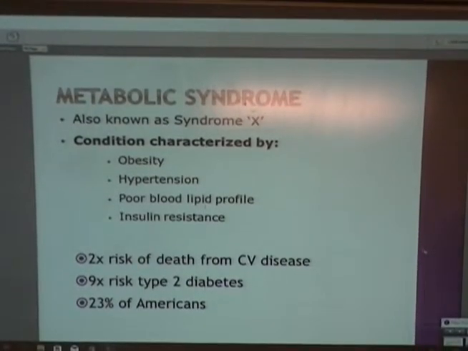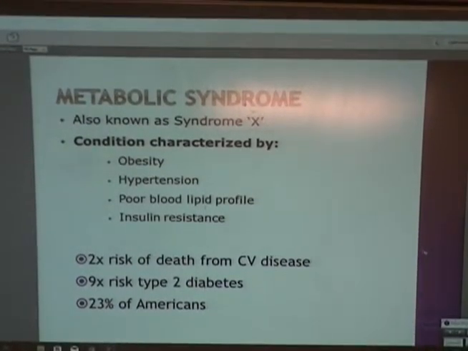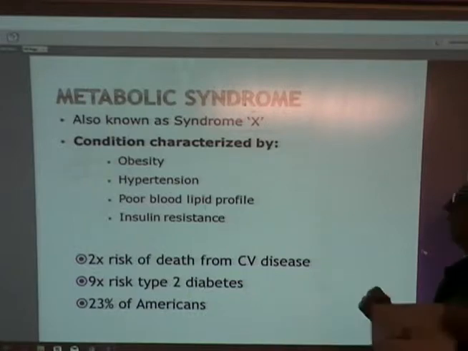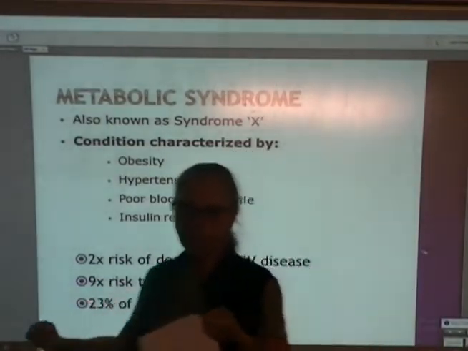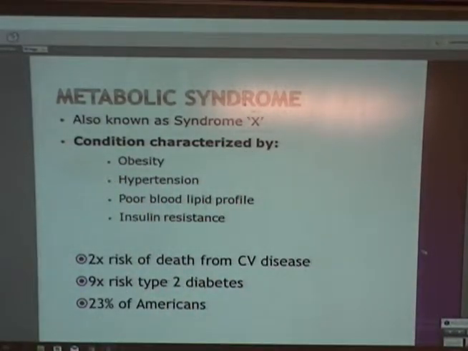Okay, then we have like diabetes on steroids. Right? Metabolic syndrome. In Europe, it's known as Syndrome X. Over here, it's called metabolic syndrome. And metabolic syndrome is an umbrella term for a group of diseases that are often seen together.